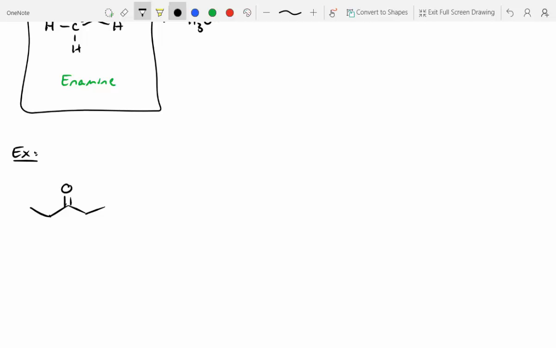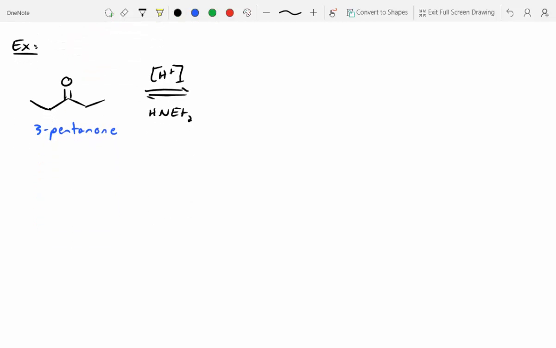Yeah, 3-pentanone. So we've got 3-pentanone, and in this reaction, we're going to treat it with catalytic acid, and I'm going to treat it with diethylamine. So let's try to figure out what the product would look like if we treated this with diethylamine.